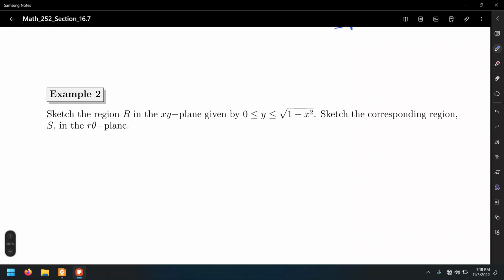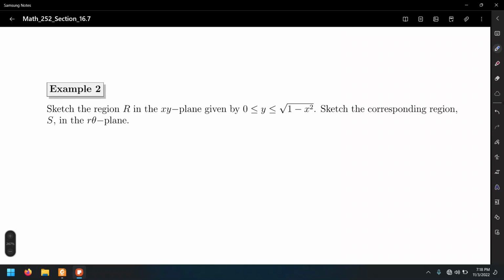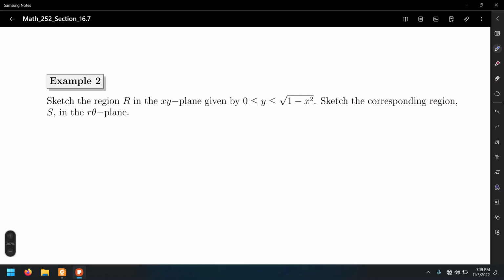So we're going to do the two regions, the region in the xy world and the region in the r theta world. What is this telling us? Well, this is really y equals the square root of 1 minus x squared, which is the upper part of a circle, the upper semicircle in this case.